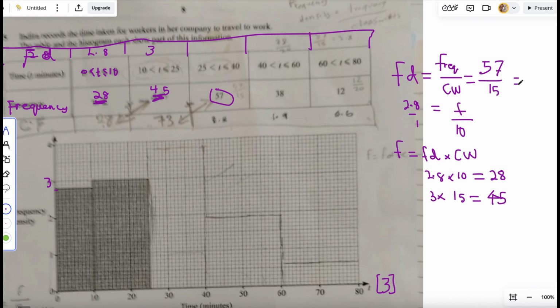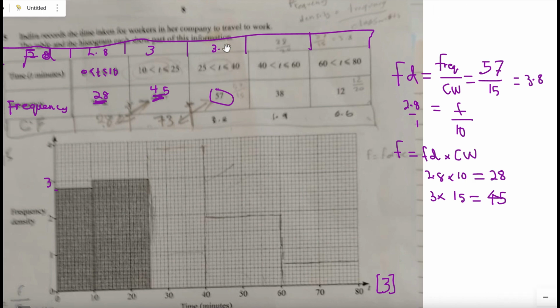So this frequency density is 3.8, and I'm going to plot it on the graph. We're going to raise this one from 25 to 40 to a height of 3.8.